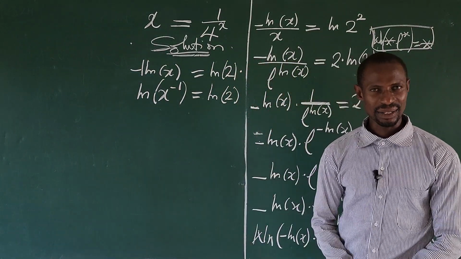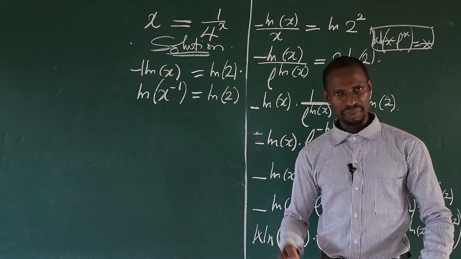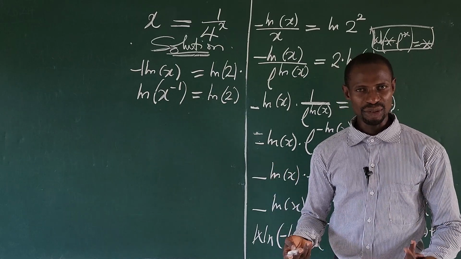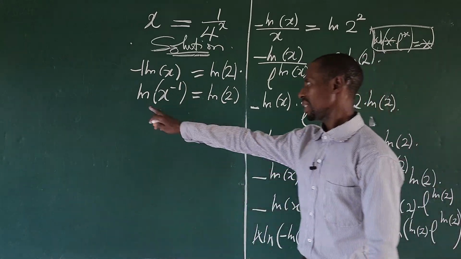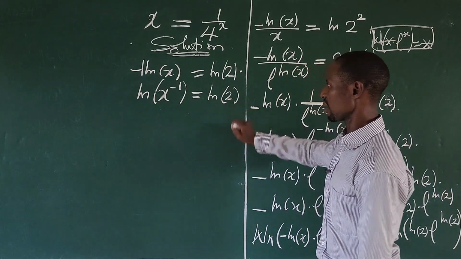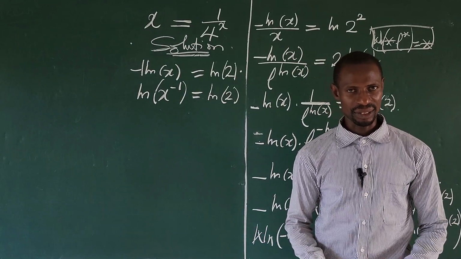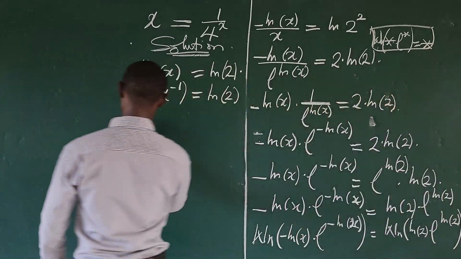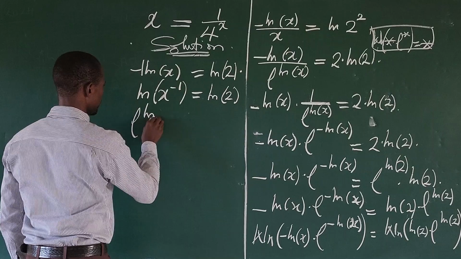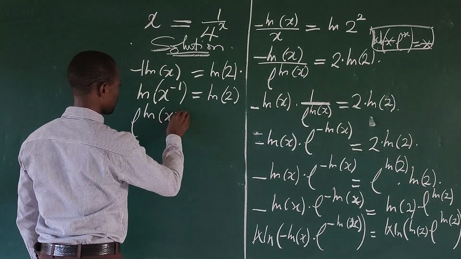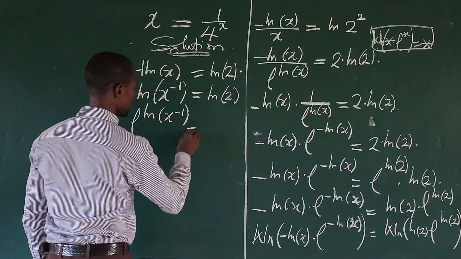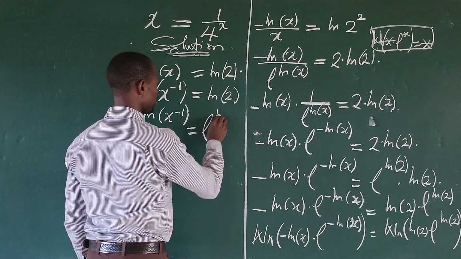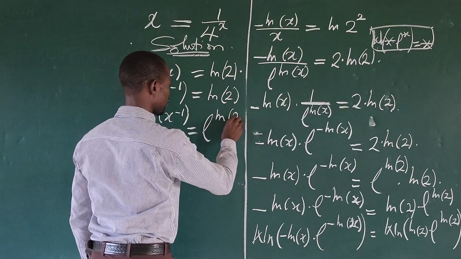Both of them can cancel out, or we just bring in e into the system, whereby we write e to the power of everything here, e to the power of everything here. On that ground, they will cancel out. So we have e to the power of ln of x to the power of minus 1 equal to e to the power of ln of 2.